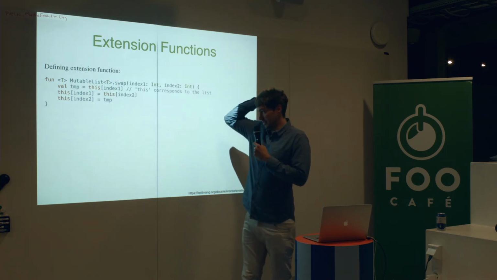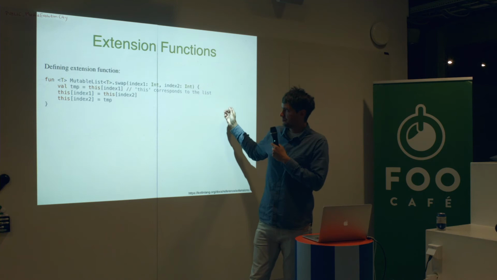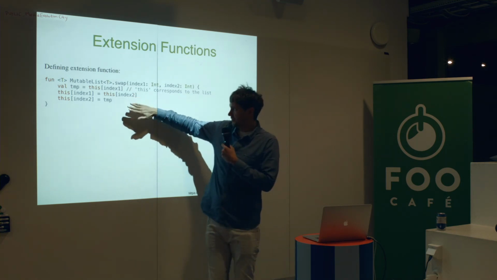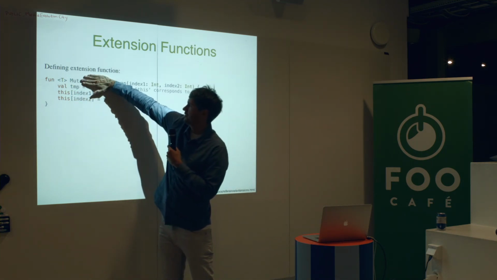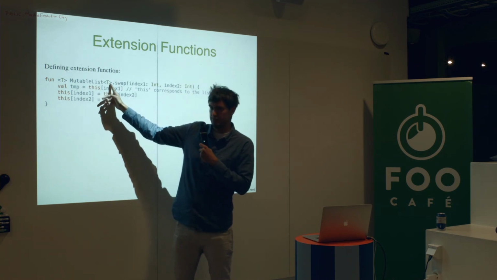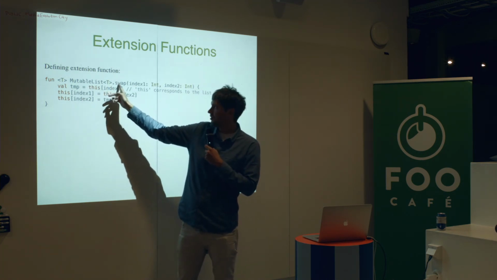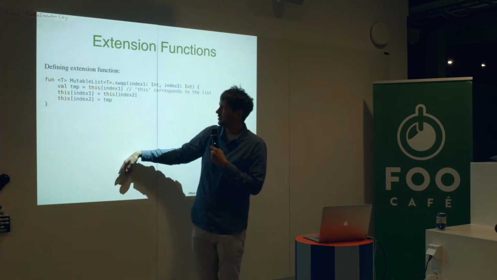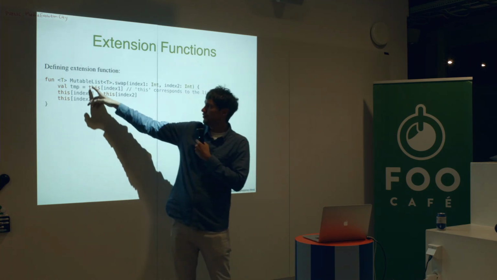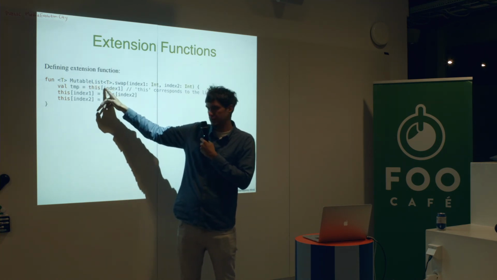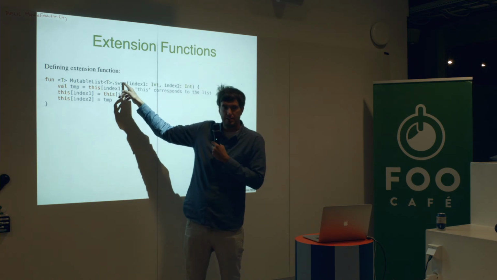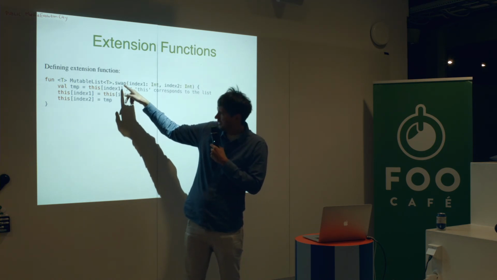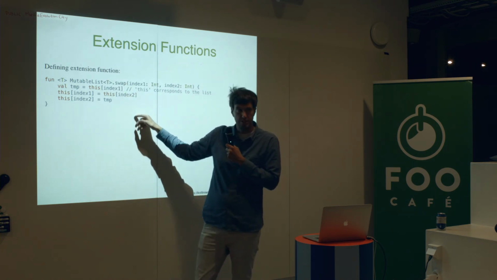Okay, so here is an example. It's essentially the same thing as declaring a normal function, but instead you have the class that you want to extend before the function name, and a little dot here. So here what we're saying is that for each mutable list, I want to add the ability to do swap. I add this swap function.